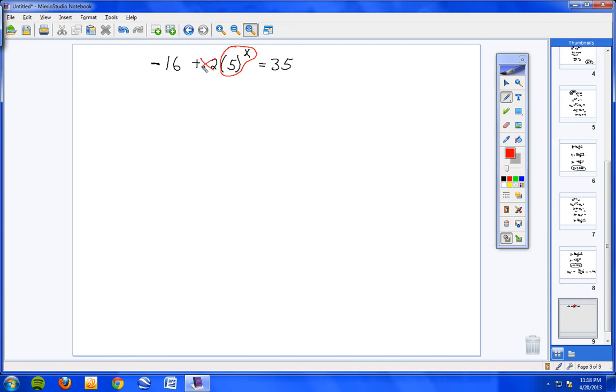So I must get rid of a 0.2, and I must get rid of a negative 16. So please follow along. Let me teach you how to do that. Since these are multiplying right here, the 0.2 times 5, we're going to save that for last. The first thing we're going to do is add 16 to both sides. So we add 16, that cancels those out, and now we have 51 over here, and we have 0.2 parentheses 5 to the x.